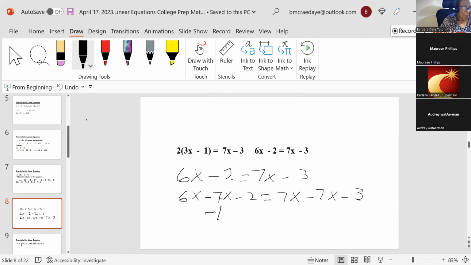Get your variable, minus 2. And what do we have on the right side, Audrey? The 7x minus 7x is 0. So what's left? -3. Perfect.